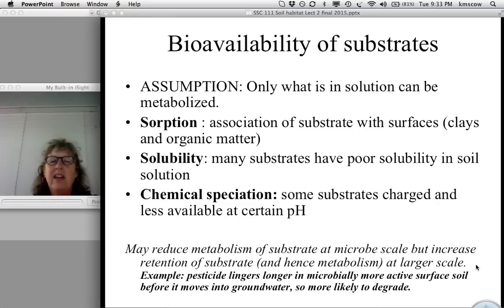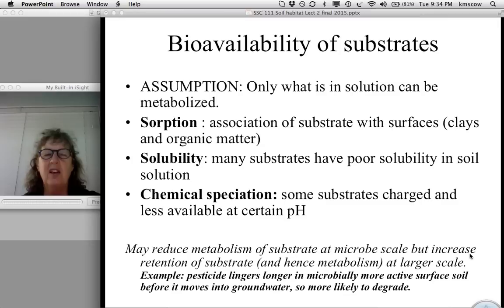That means that if that pesticide hangs around in that surface layer of soil, it's ultimately going to have some potential to be biodegraded, because microbes will probably finally be able to get their hands on the substrate.